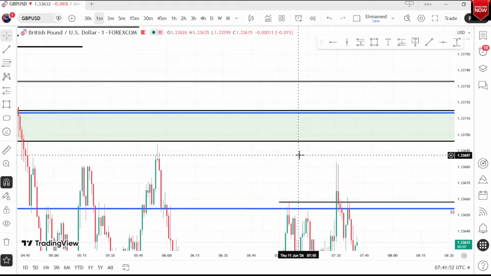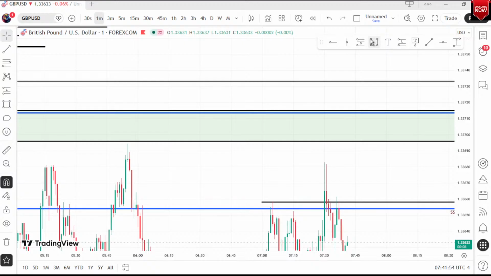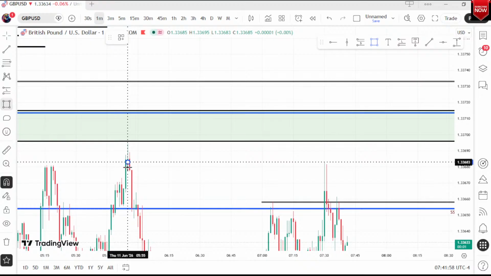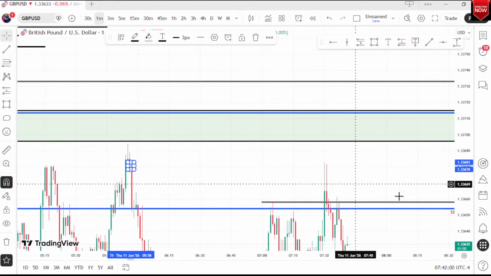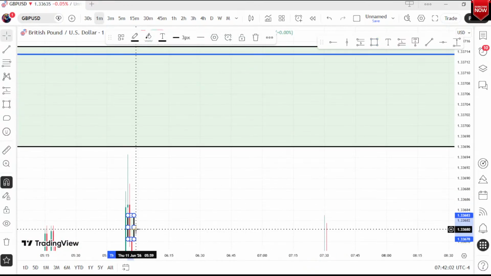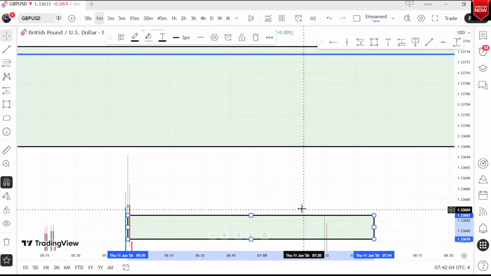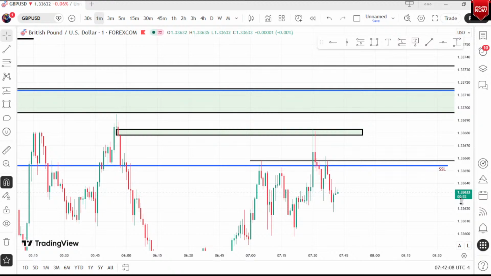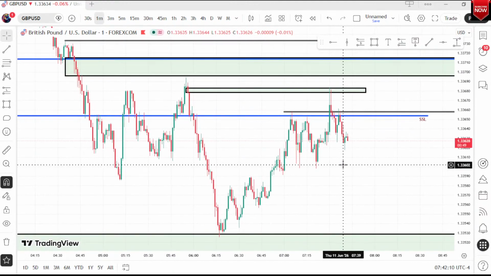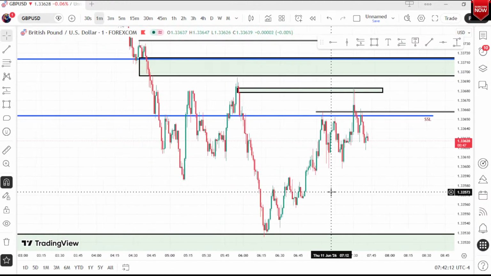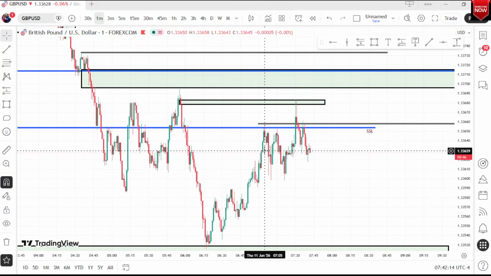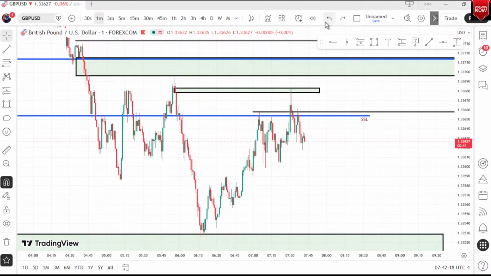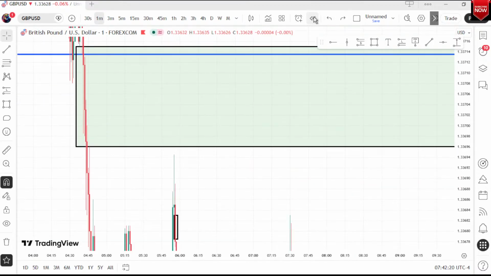Is this a fair value gap that price is respecting? Yes, so price is actually going to take out the sell side liquidity that we had earlier. Let's go back there.